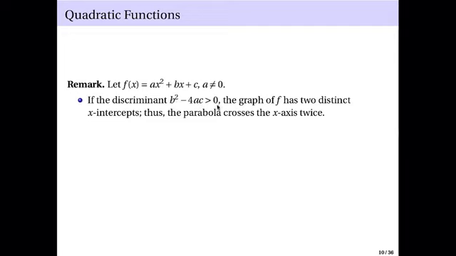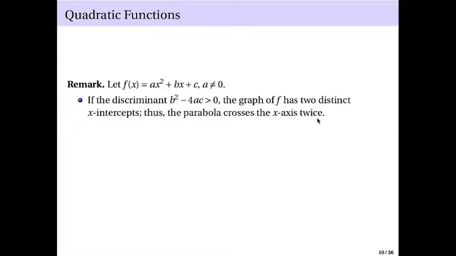So if the discriminant is positive, the graph of f has two distinct x-intercepts. This means the parabola crosses the x-axis twice.